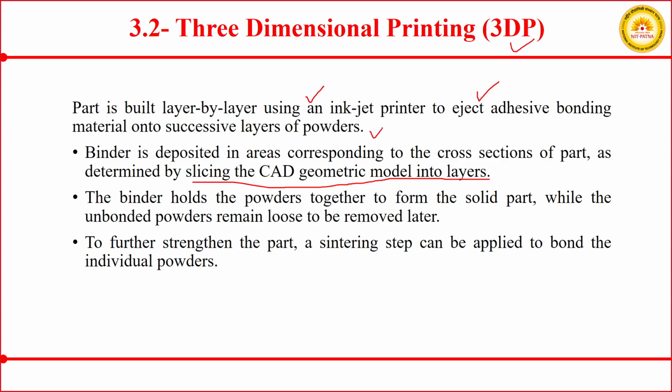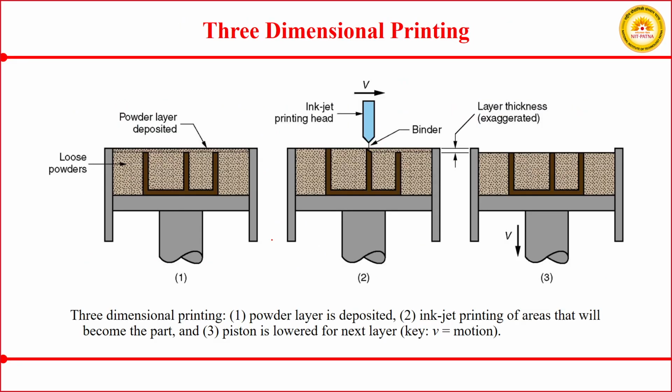But here we are using an adhesive which comes out of an inkjet printer. To further strengthen the part, a sintering step may be applied to bond the individual powder. So further sintering may be done, maybe partial heating, or some other processes in order to provide proper strength to the part produced by your 3DP or three-dimensional printing process.